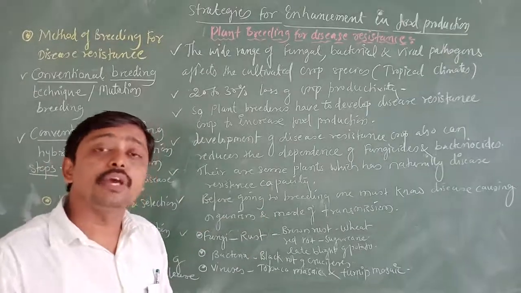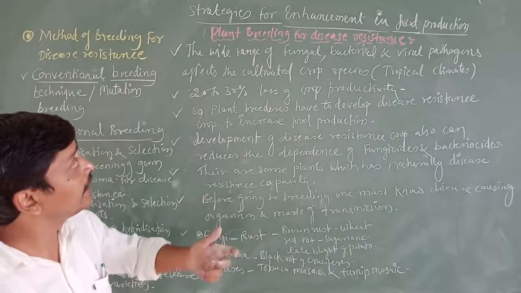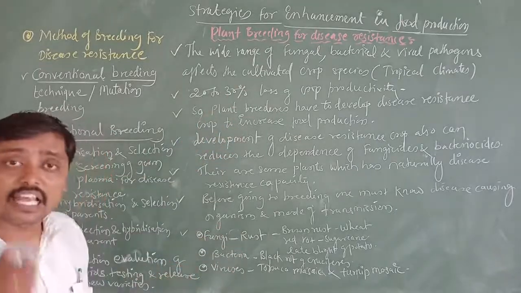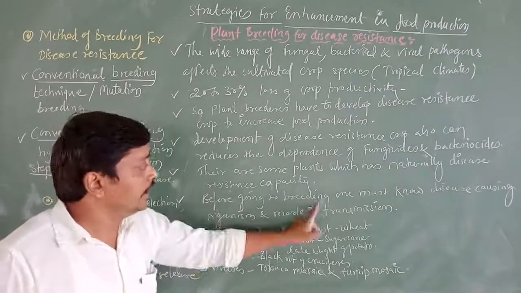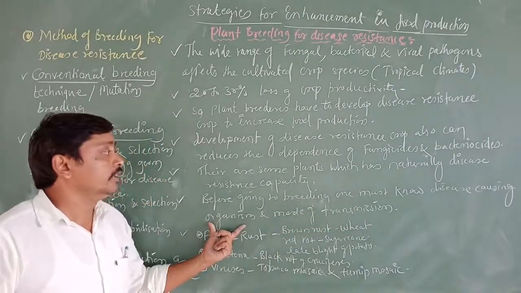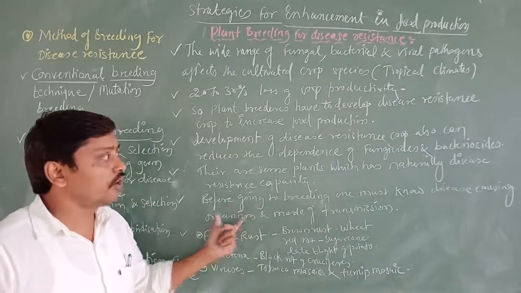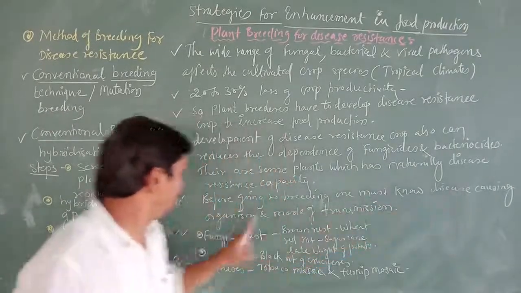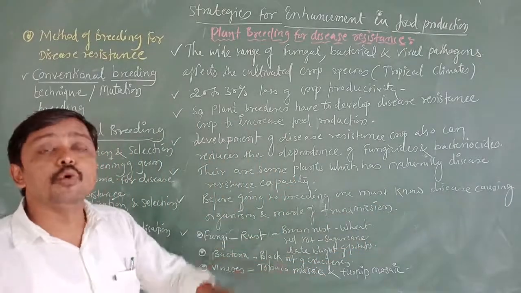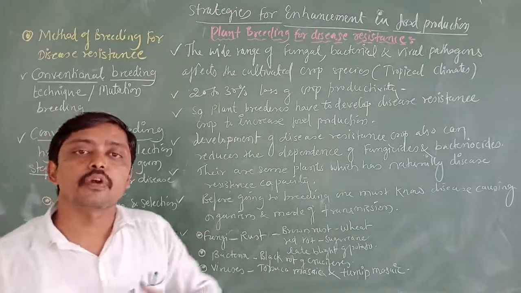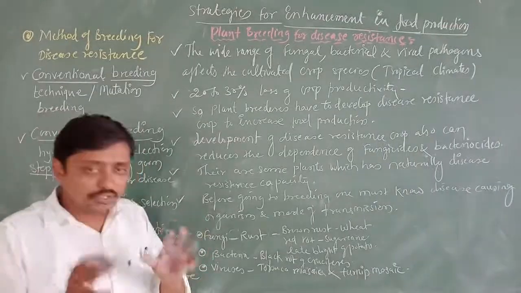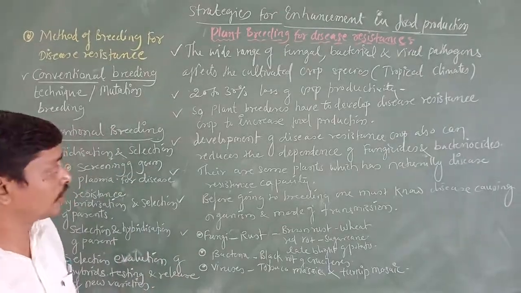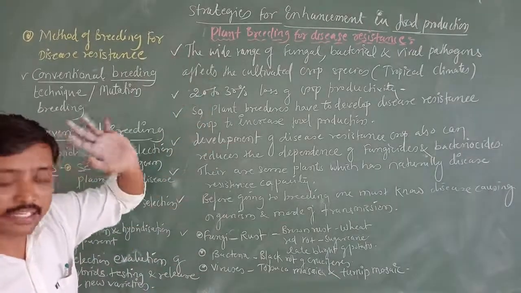Now if we go for plant breeding for disease resistance, the breeders must know about the disease causing organism and the mode of transmission, how it transfers from one to another. Once you know that, you go for plant breeding.